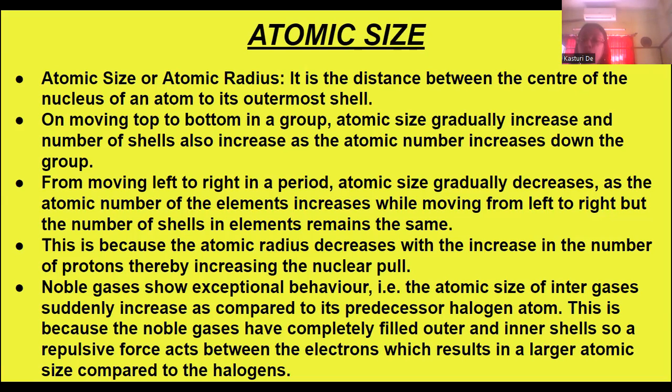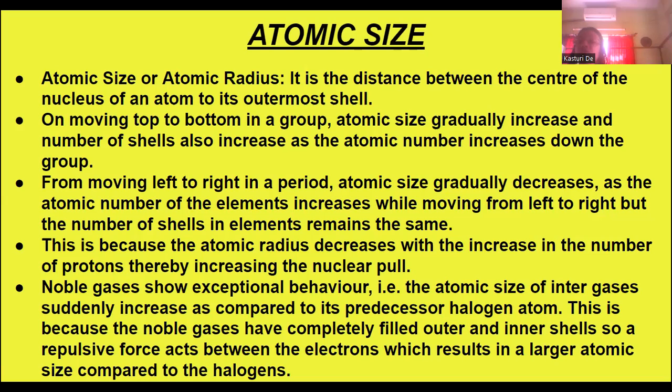The atoms of the elements present in the halogen group are smaller than the noble gas atoms. Here, suddenly the atomic size increases.